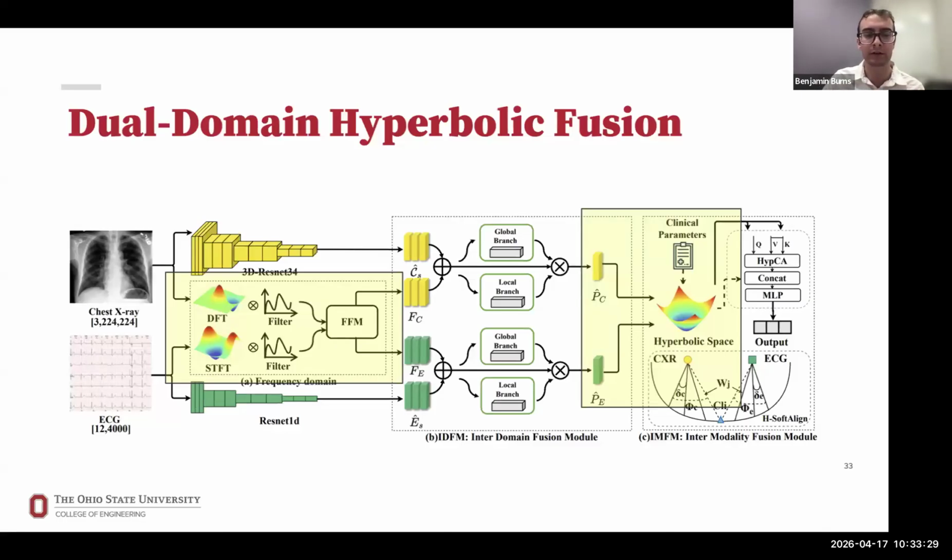The first one being using the frequency domain to fuse and learn the relationships between chest X-ray and ECG features. And the second idea is using a hyperbolic embedding space in order to learn how to fuse clinical parameters with the lower level physiological signal data from chest X-ray and ECG.